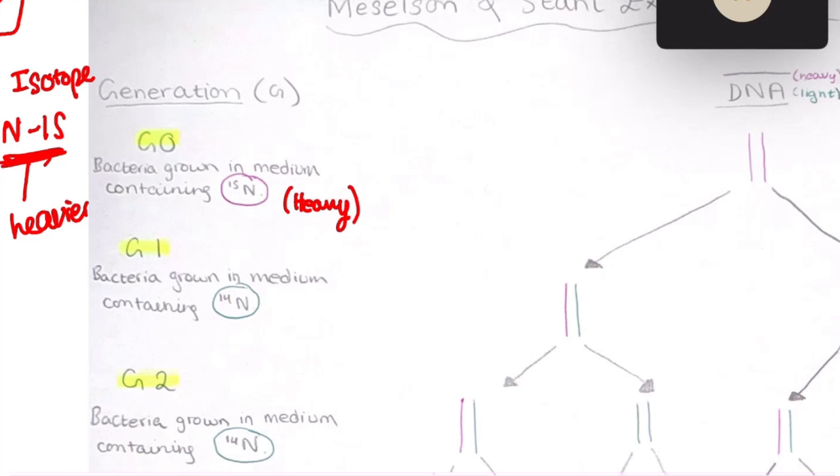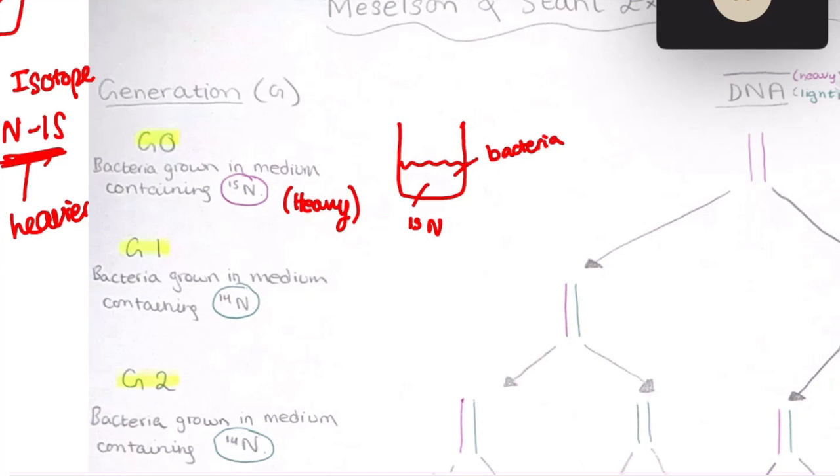Okay, so all we have is a beaker with bacteria in it, and we add in 15N. So the nitrogen has a mass number of 15.